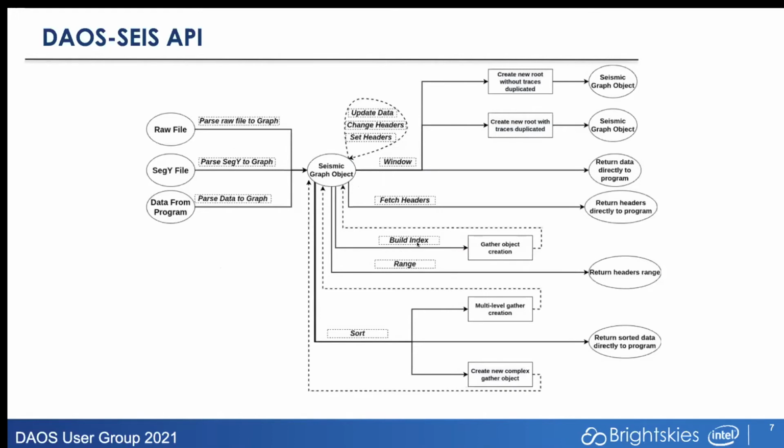These are all operations that are supported by many other seismic processing frameworks, but our goal was to build upon, optimize, and extend these functionalities. What sets our API apart from the others is the build index functionality, which can be used to optimize and perform most of the other operations efficiently.